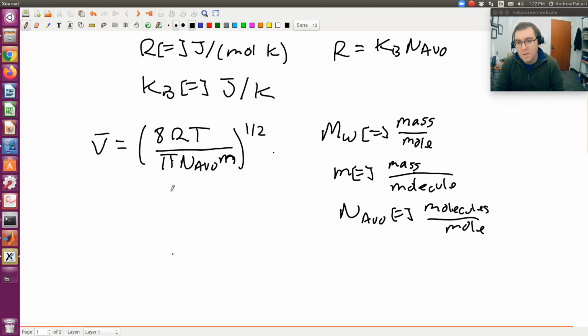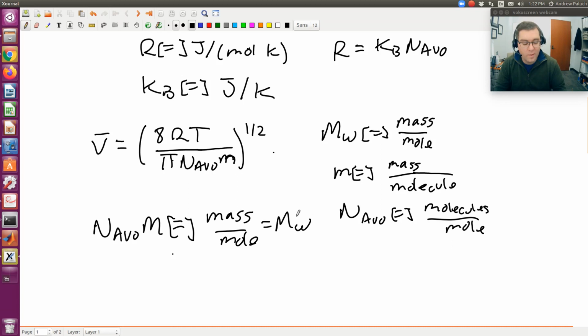So if I have N_AVO times mass, that's the mass per molecule, and that essentially gives us units of molecules per mole times mass per molecule, which is mass per mole, equivalent to molecular weight.